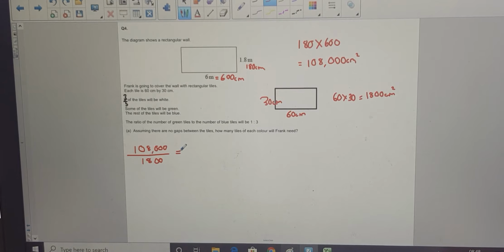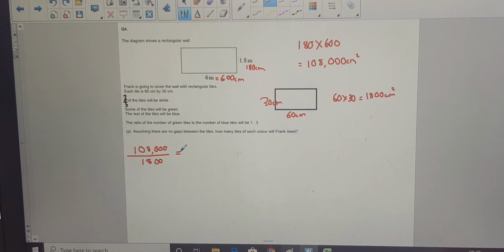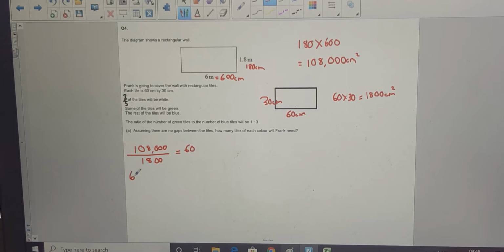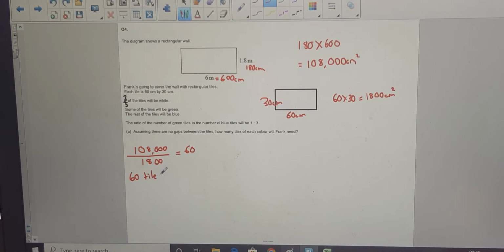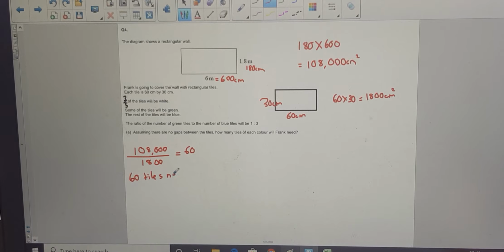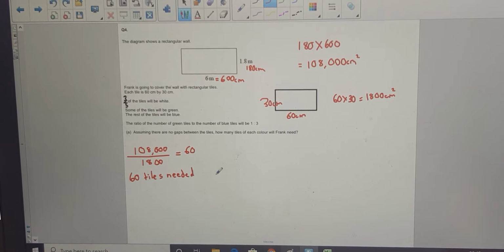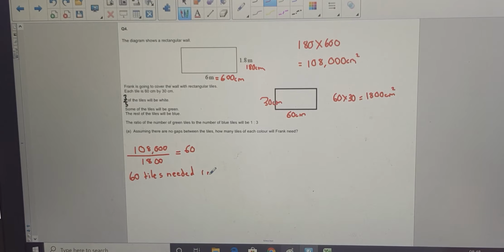And that gives me 60. So I need 60 tiles needed in total.